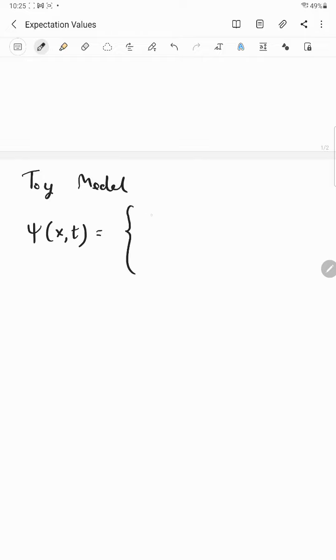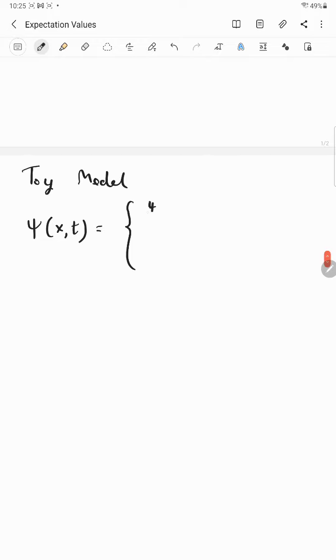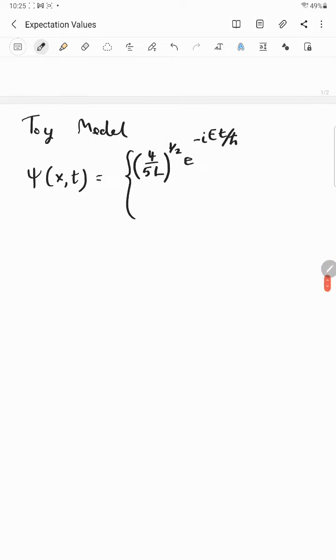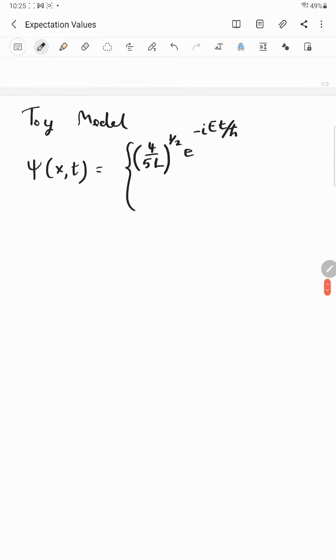And I'm going ahead and putting in what we discovered as the normalization constant. It was the square root of 4 over 5L, multiplying e to the minus iEt over h bar. And this was for x values from 0 to L.